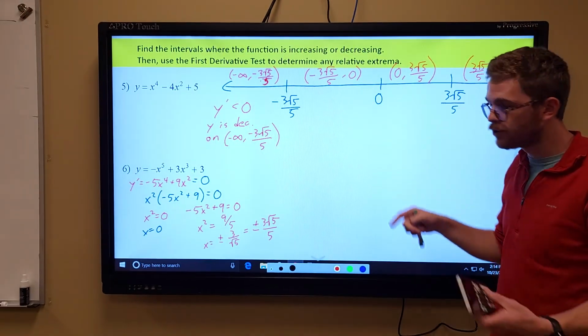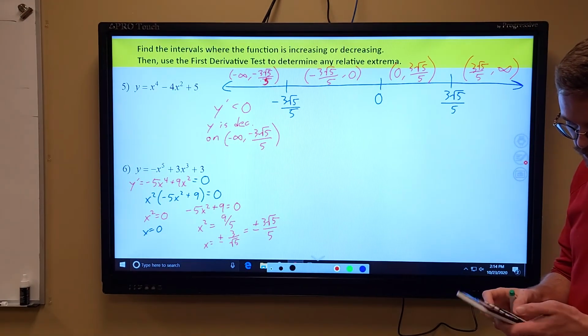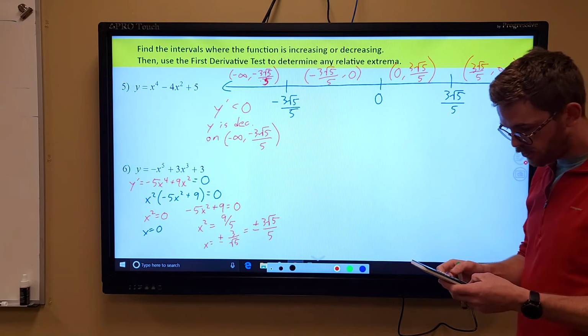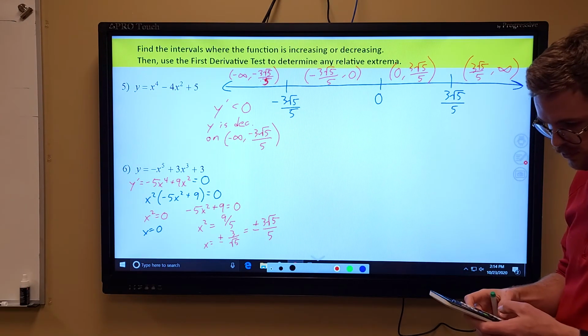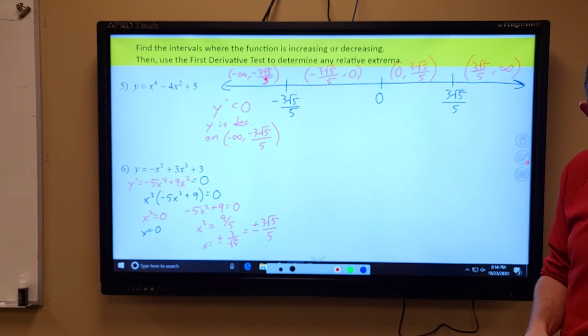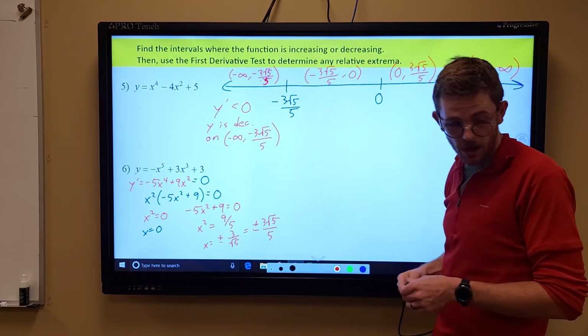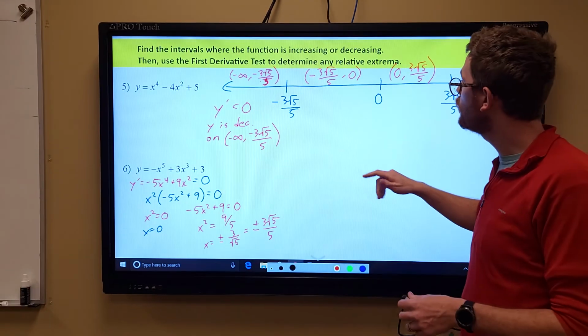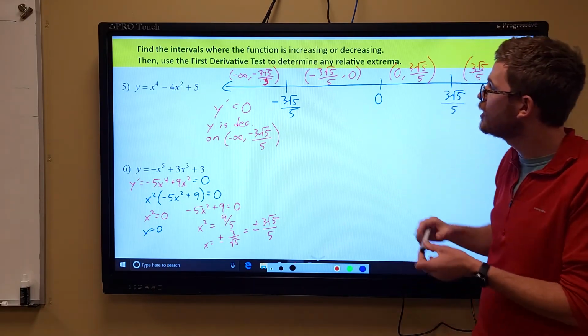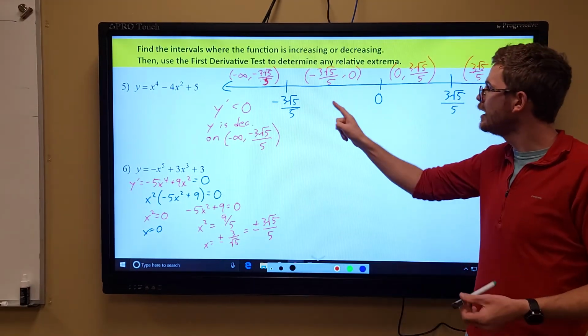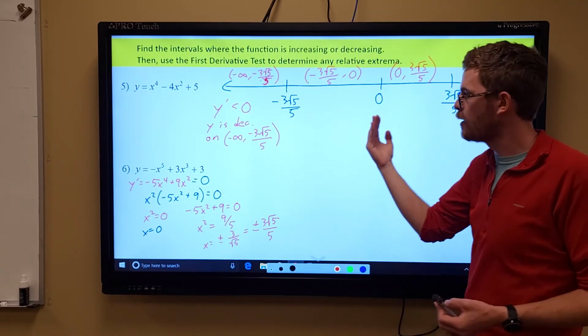Because I'm so close to 0, I'm just going to get a quick decimal approximation of this to speed up our work here. That value is like a 1.3 or a 1.34. So it's a negative. So if I look at negative 1, it is in between these values.